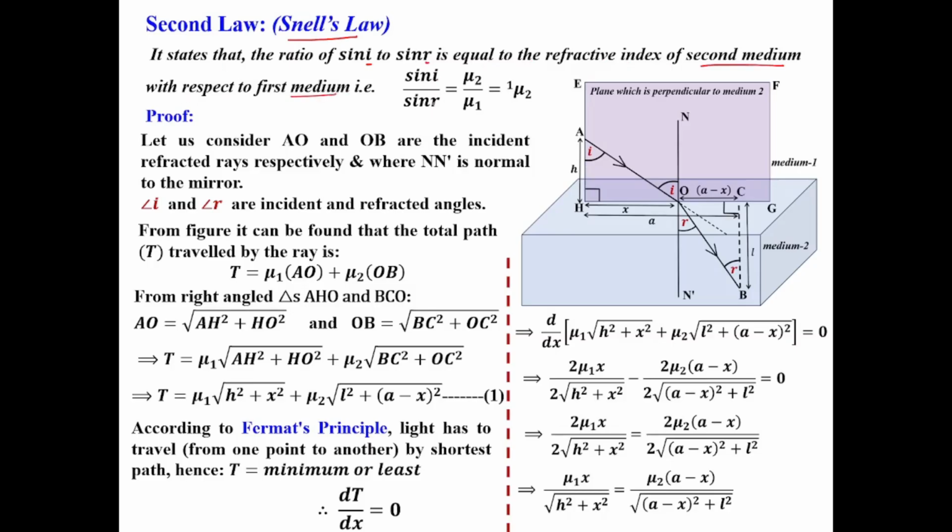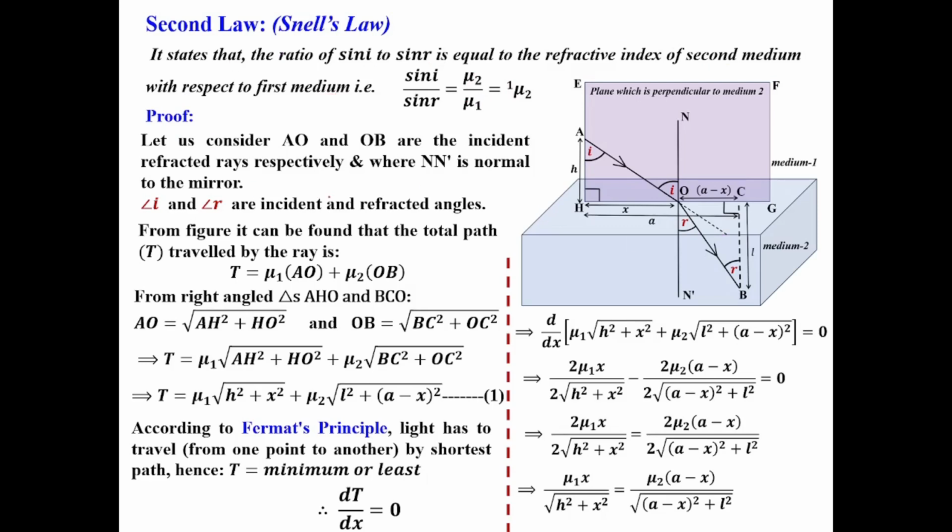That means sine i by sine r is equal to the refractive index of the second medium, mu2 by mu1, or it is also written as 1 mu 2, which means mu2 by mu1. You just follow the figure to prove this law.